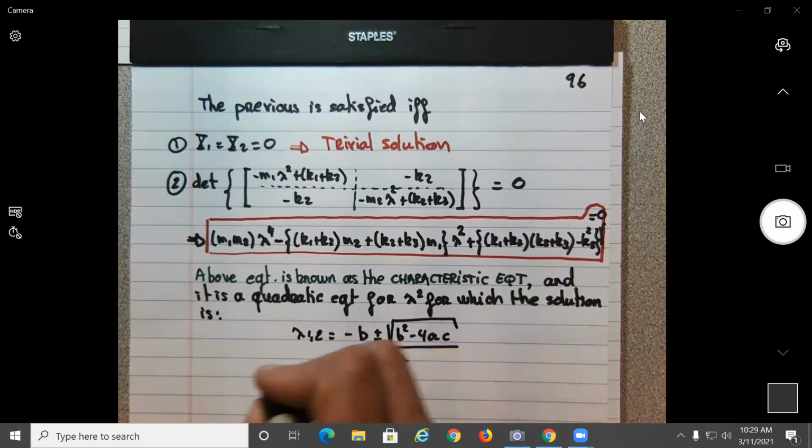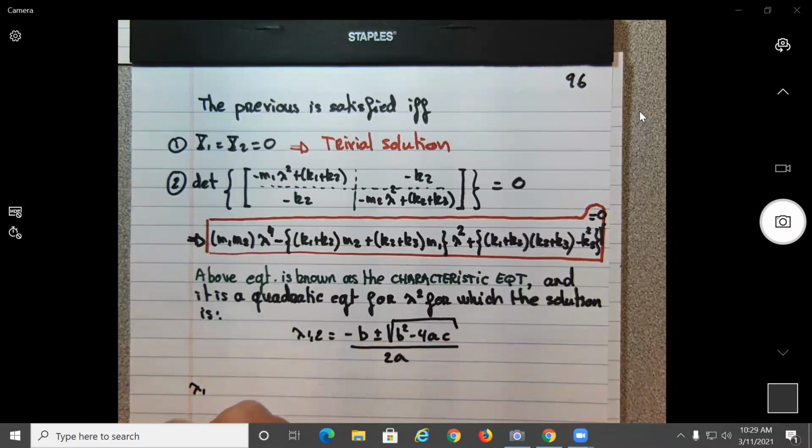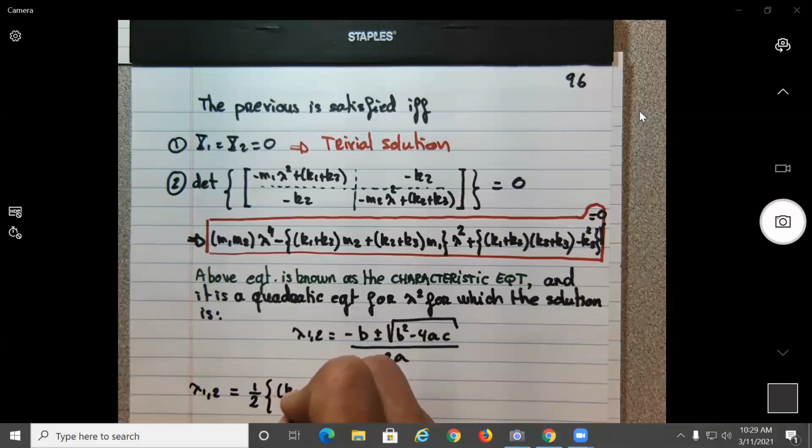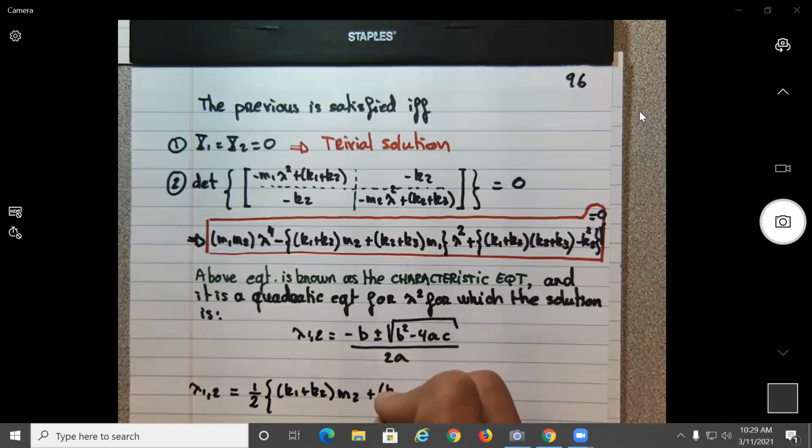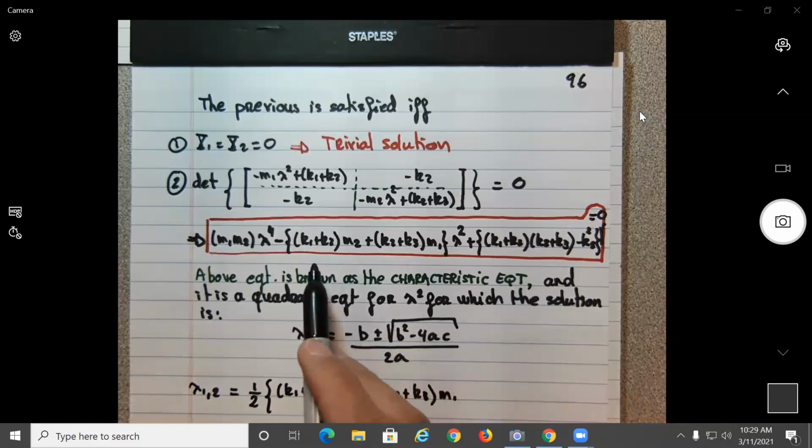So this will actually give you lambda 1, 2 will be equal to what? 1/2 of (K1 plus K2) over M1 plus (K2 plus K3) over M2. So that would be the minus B, no? Is this term over here? Minus B.